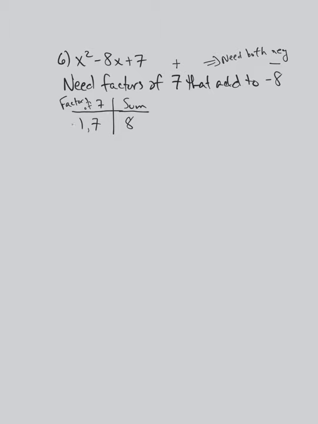So what we really should have looked at is negative 1 and negative 7. Whenever you add those together, you get negative 1 plus negative 7, that's negative 8, and that actually works. So if you think along these lines, it is x plus a number and x plus another number, and our two numbers are going to be negative 1 and negative 7.